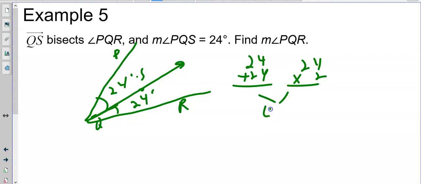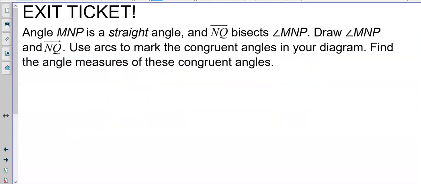Either way, 48 degrees. Always pay attention to what it's asking for. It might have asked you to find SQR, which would have been 24 degrees. So always pay close attention to what it's asking.